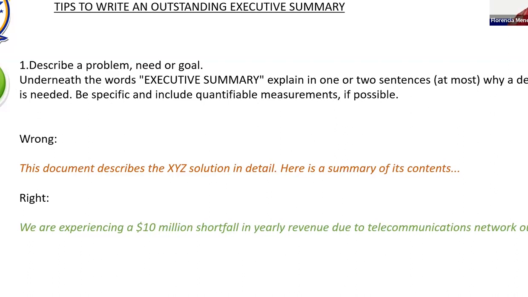It is not necessary to write the problem again in a complete way. It is just important to write the most important idea of the problem and why a decision is needed. Let's try to be specific and include quantifiable measurements if possible.